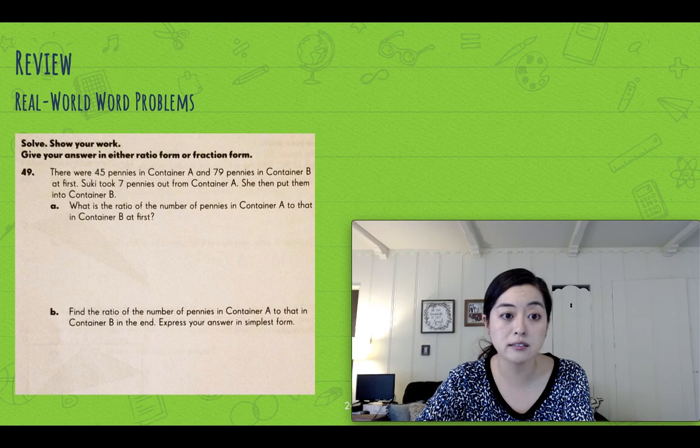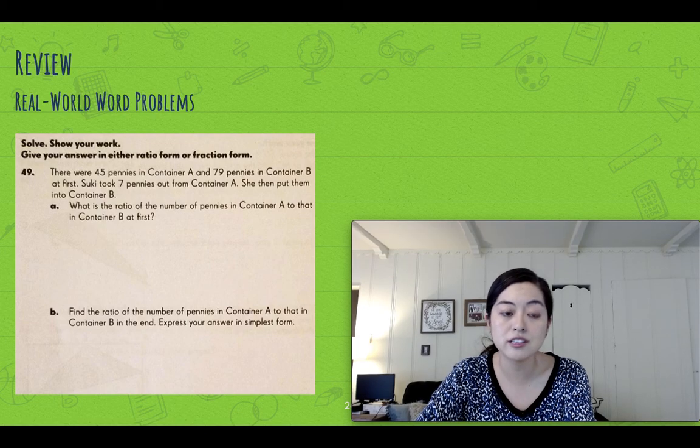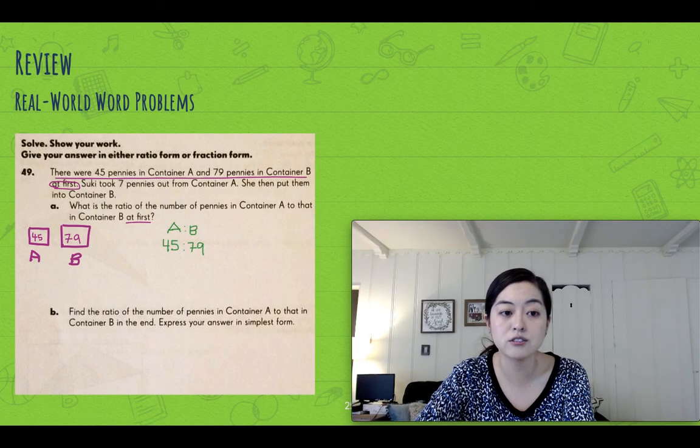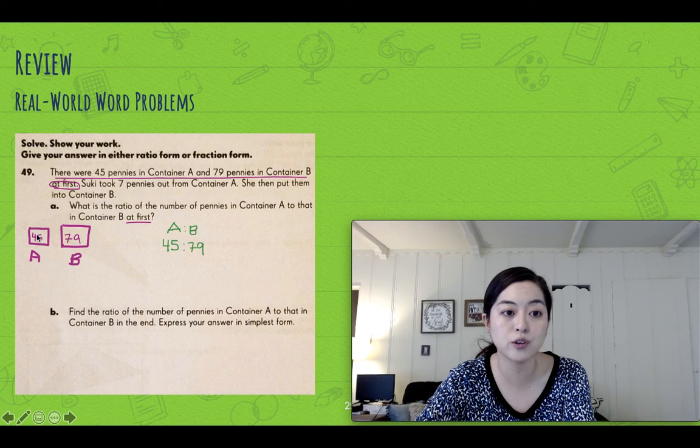A asks, what is the ratio of the number of pennies in container A to container B at first? I drew a picture of container A with 45 and container B with 79. So my ratio of container A to B is 45 to 79, in that order.